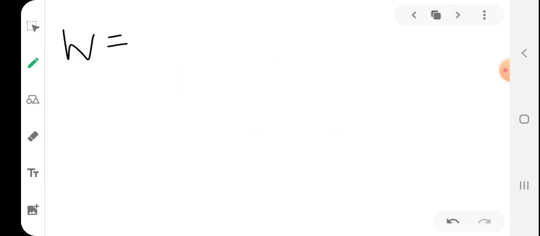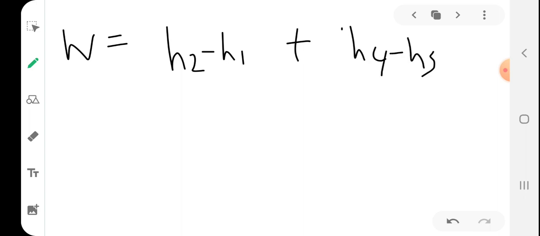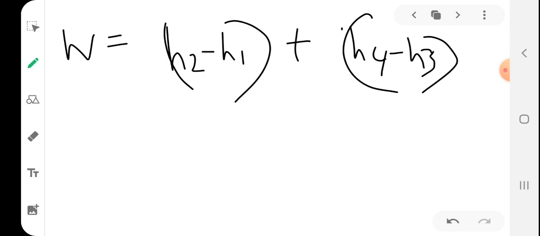So work can be written as h2 minus h1 plus h4 minus h3. But students, a very important difference is that the mass flowing through the low pressure compressor is not the same as the mass flowing through the high pressure compressor.